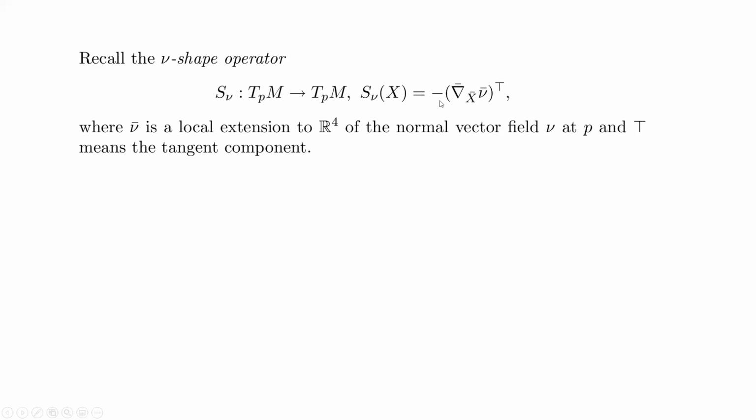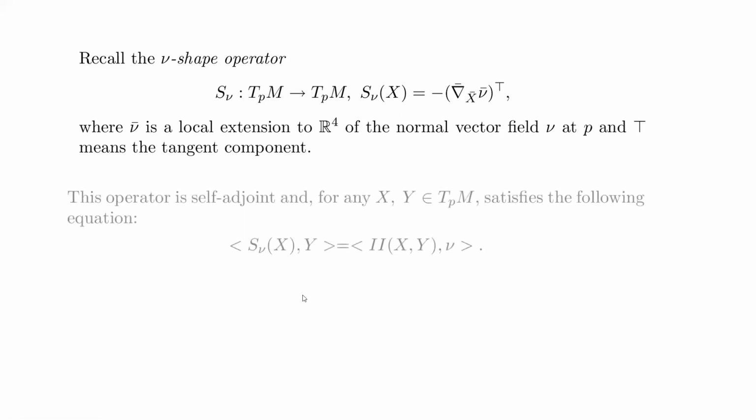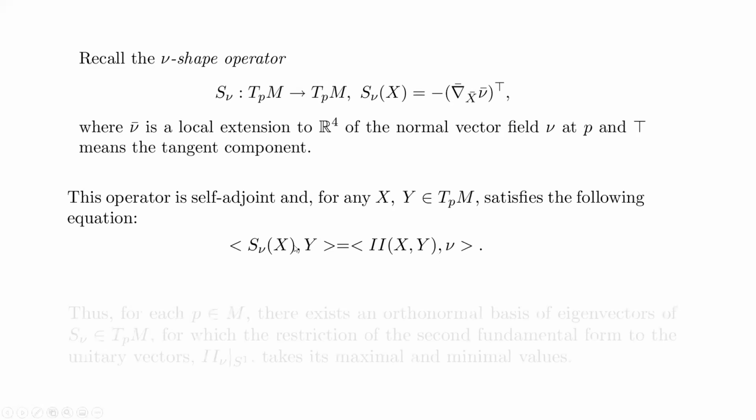But in the end, in fact, it's something that depends on the values on the surface. Okay. Very good. So this is the self-adjoint operator. In fact, it's the adjoint operator associated to the quadratic form. So it satisfies these equations. And in this way, we will define directions, principal directions or curvature lines with respect to this normal.